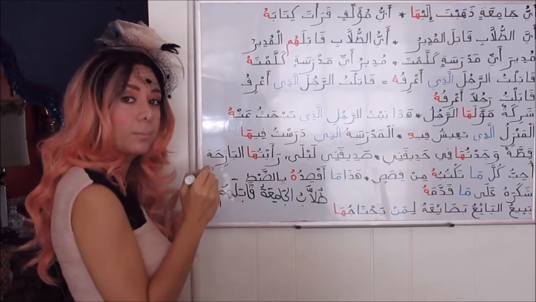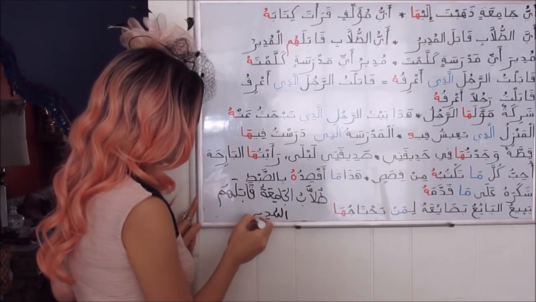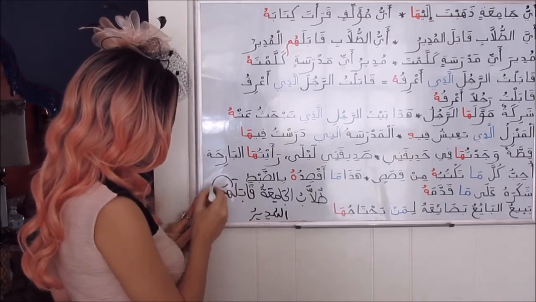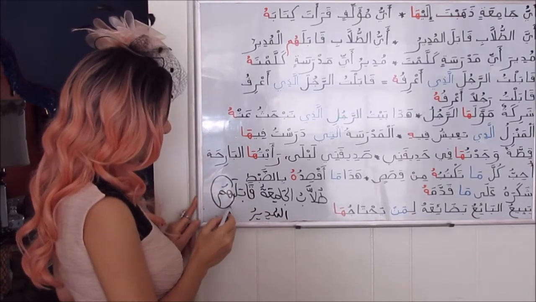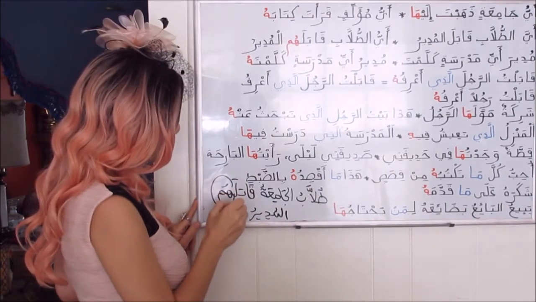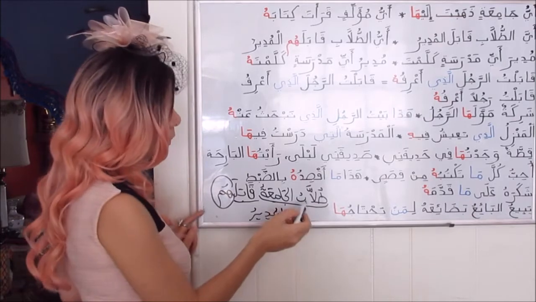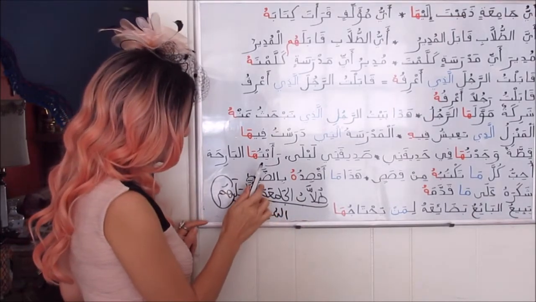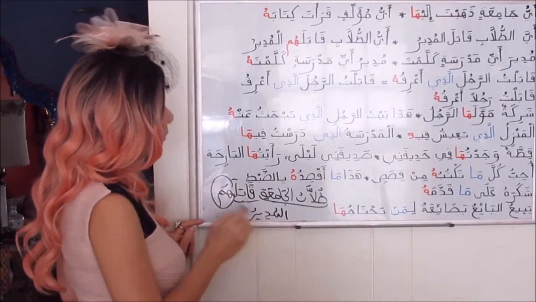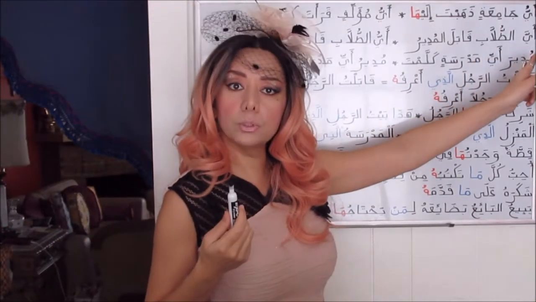This is fancy Arabic. قابلهم المدير. So here we are in need of a resumptive pronoun. Alright? Mentioning the university students. طلاب الجامعة قابلهم المدير.